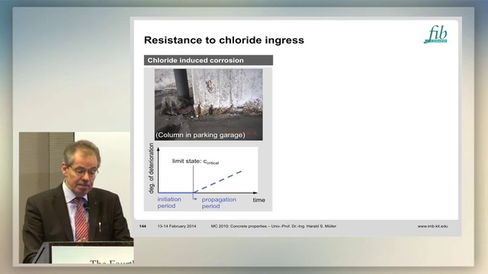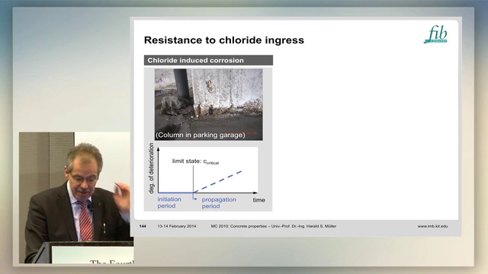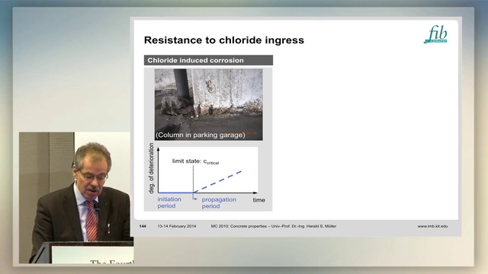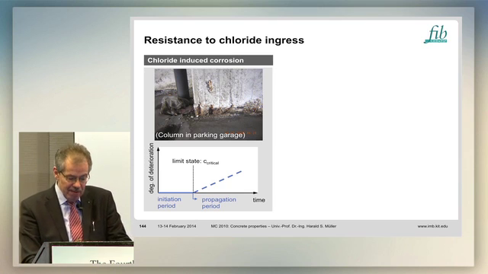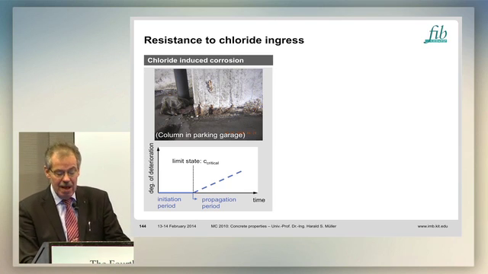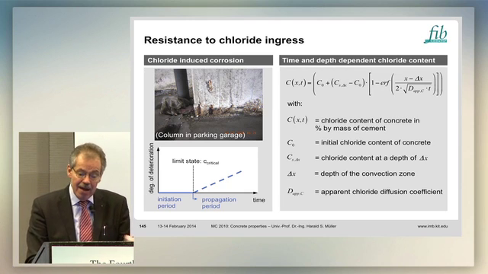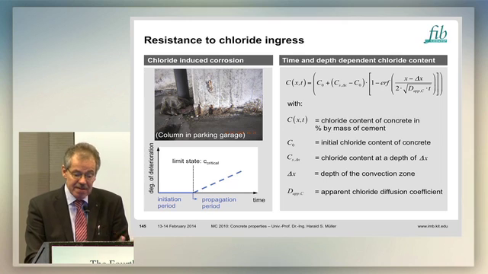Well, and now you can do calculations at different levels of accuracy. You have here the chloride corrosion, for example. On the bottom, you have the degree of deterioration. You have an initiation period, and the propagation just starts when the chloride concentration at the steel is sufficiently high. And then the corrosion starts. This is our critical limit state.